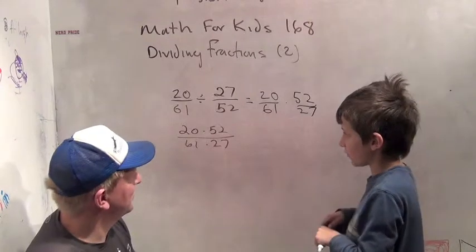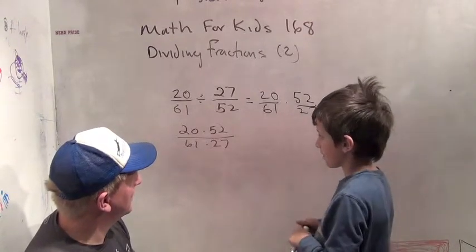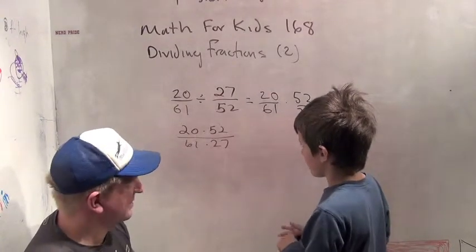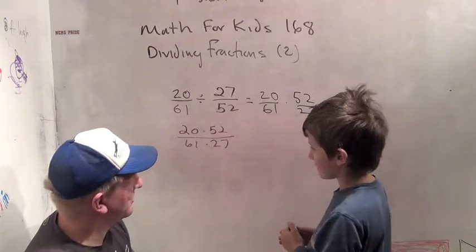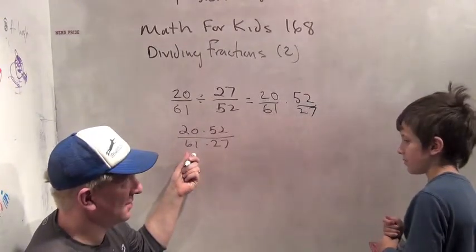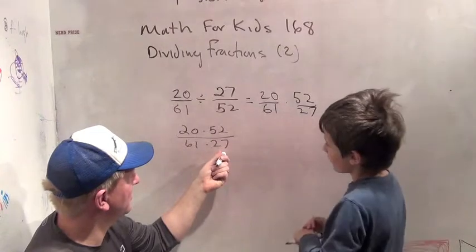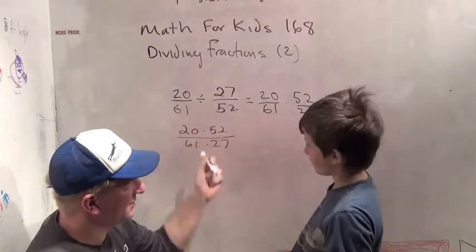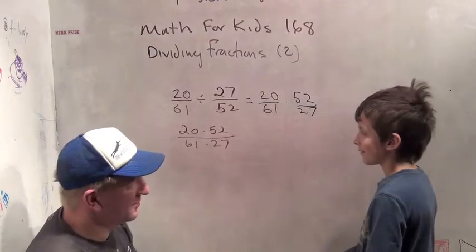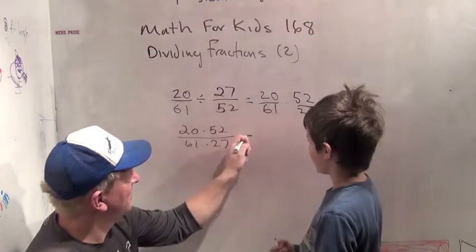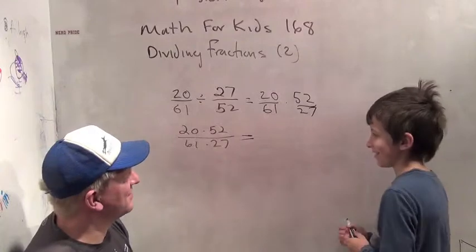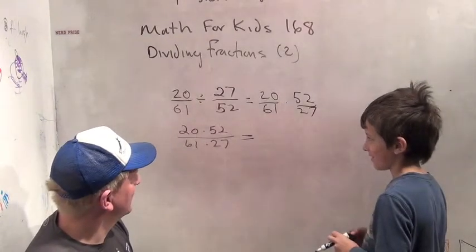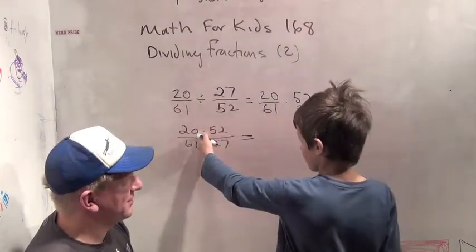Well, 20 times 52 is easy. Does any of this simplify? No, probably not, because 61 is prime. 27 is 3 cubed, just 3s. Do any 3s go into either one of these? Does 61 go into any one of these? No. Okay, well, whatever. Let's not multiply these out. You picked some crazy numbers. We can multiply these out later.